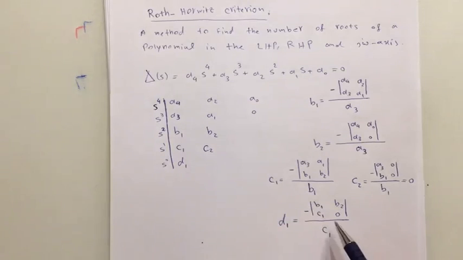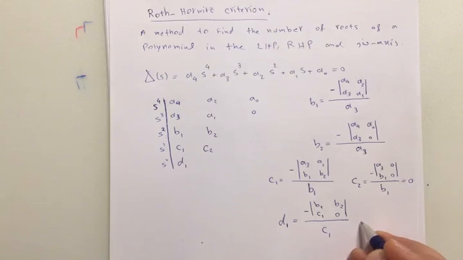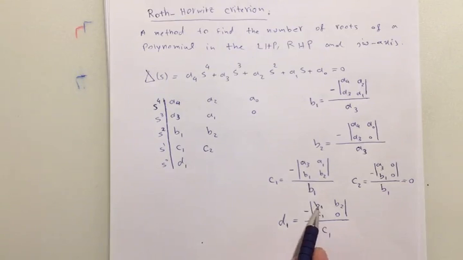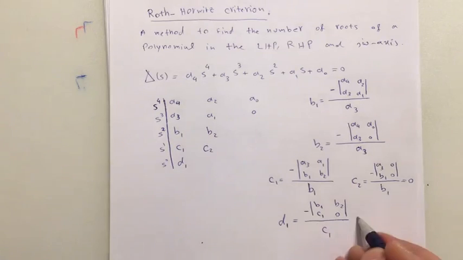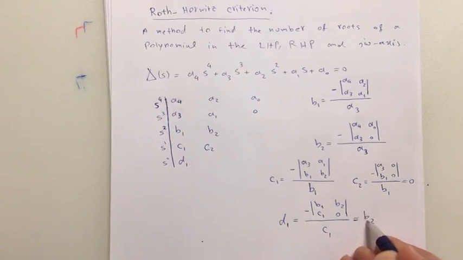The interesting thing is that when the last element of this determinant is equal to 0, you will get that one equal to B2. I can prove that because the determinant here is B1 multiplied by 0, which is 0, minus B2 multiplied by C1, but there's also another minus here, so minus multiplied by minus will be plus, and then B2 multiplied by C1 divided by C1. C1 will be cancelled, so it would be B2.